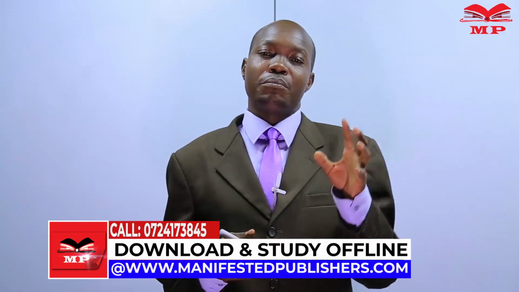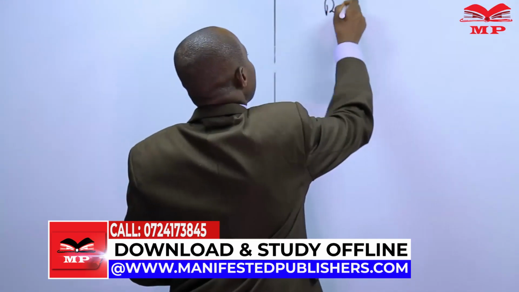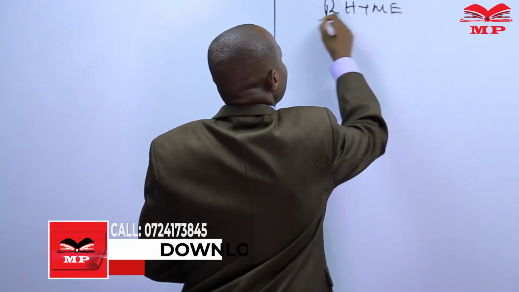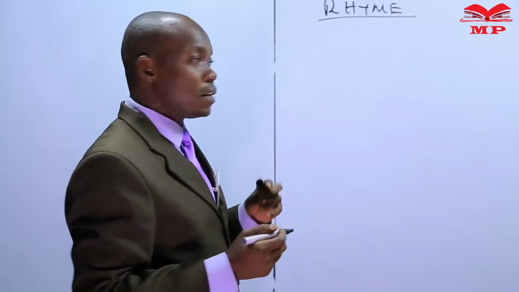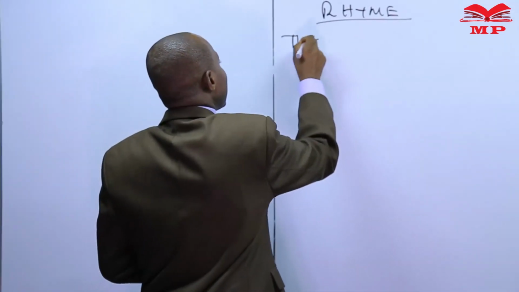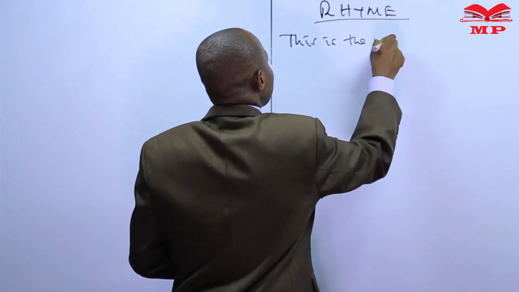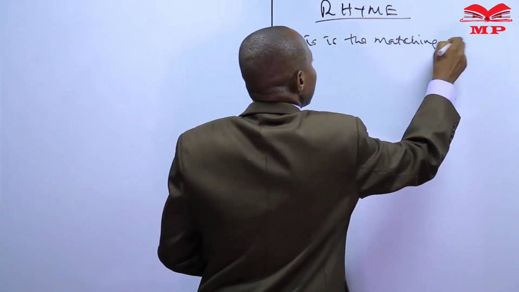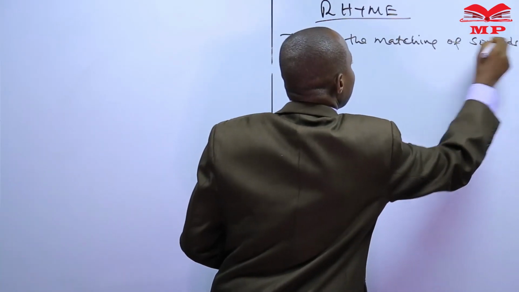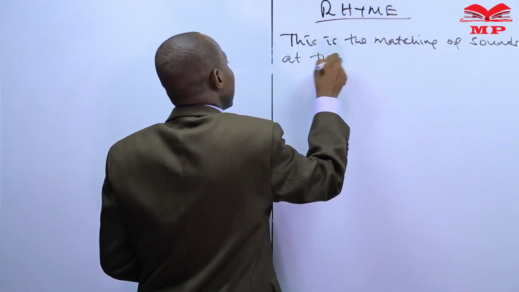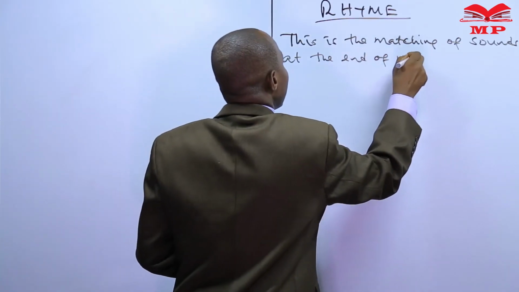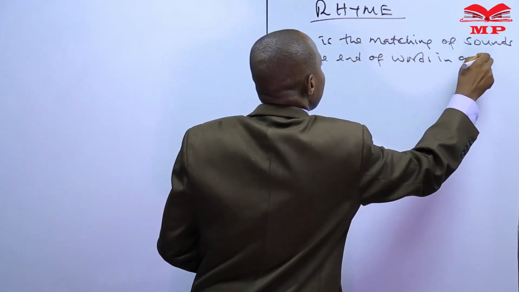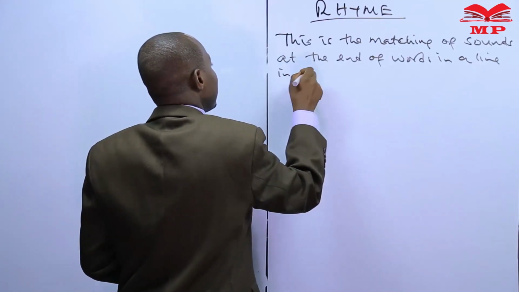So before we go into today's lesson, I want us to have a brief recap of what we talked about: rhyme. We said that rhyme is the matching of sounds at the end of words in a line in a poem.